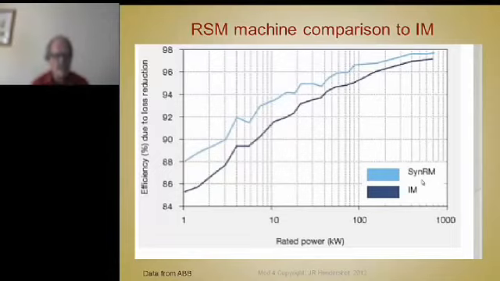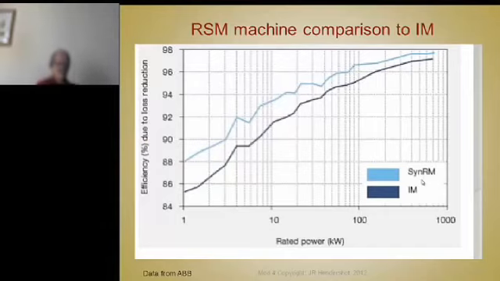for you a plot that's been published in the year 2012 by ABB, the big Swedish motor company that bought Reliance and Baldor. And they've just released a whole product line of these reluctance synchronous machines. And so they've plotted efficiency versus power for their product line.